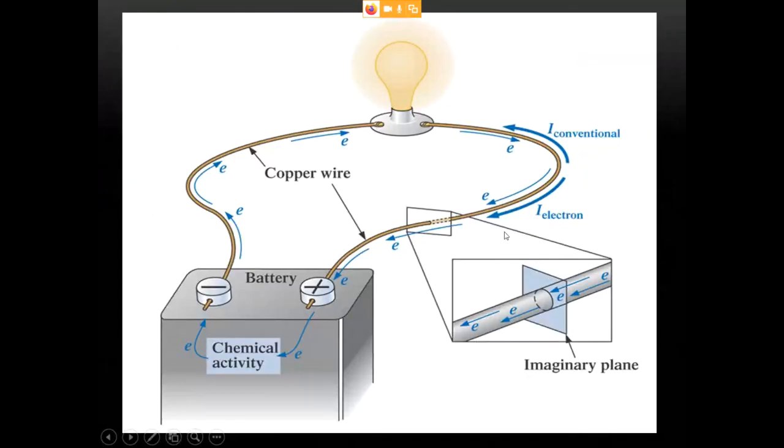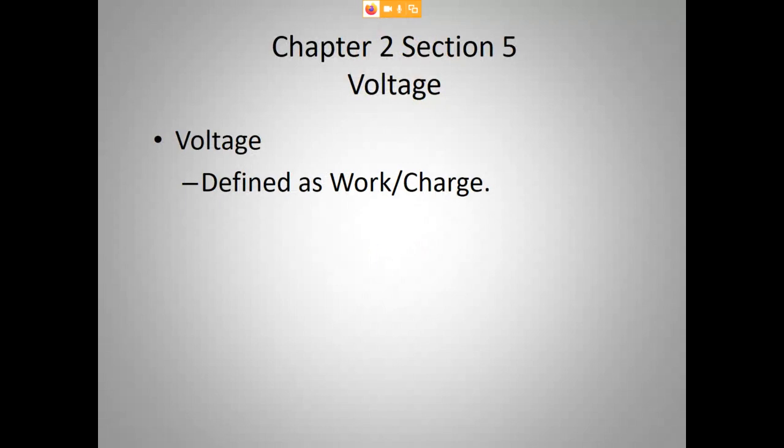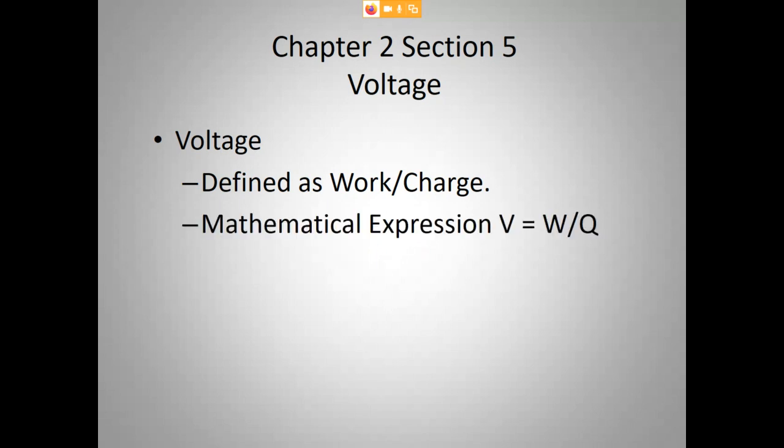All right, so voltage is defined as work divided by charge. Mathematically we use V for voltage, W for work, and Q, which I already mentioned, is how much charge you have.